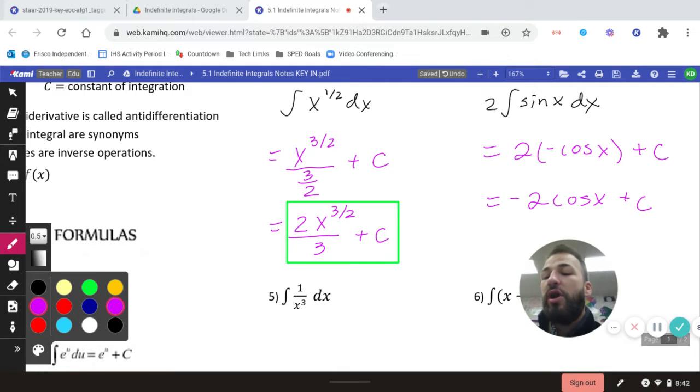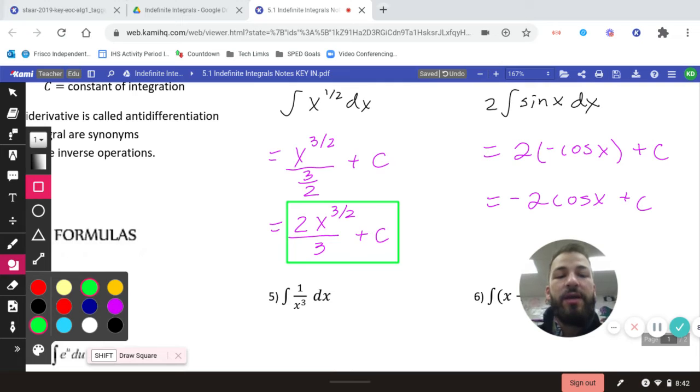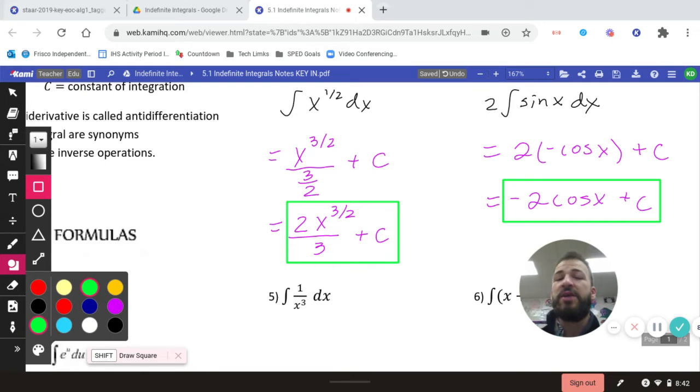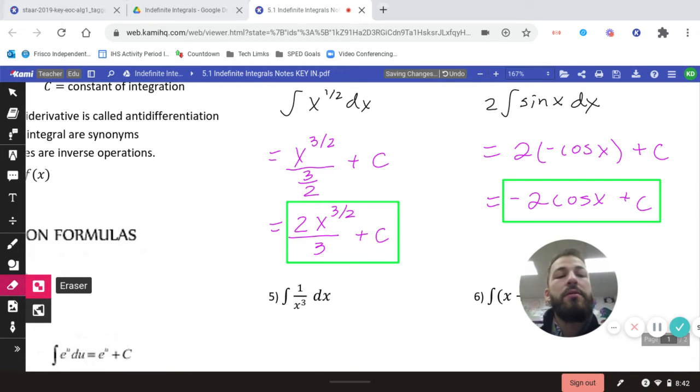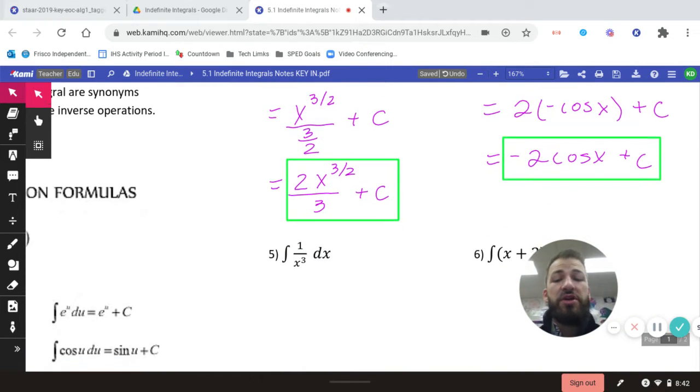And of course, y'all, you can always check these by deriving them and getting the same function we started with. So if you derive this and you get 2 sine of x, then you're good.